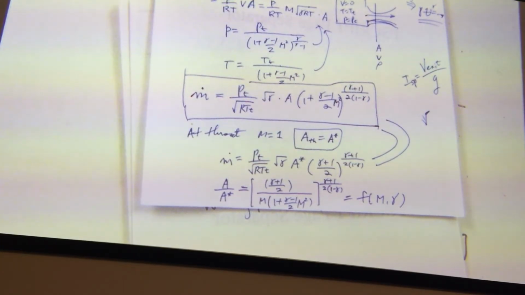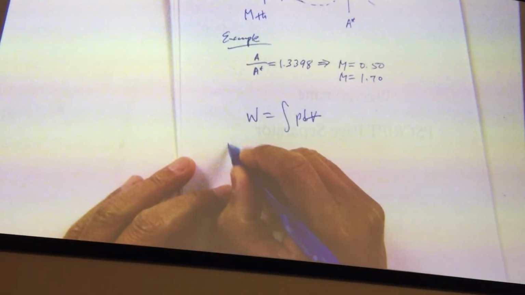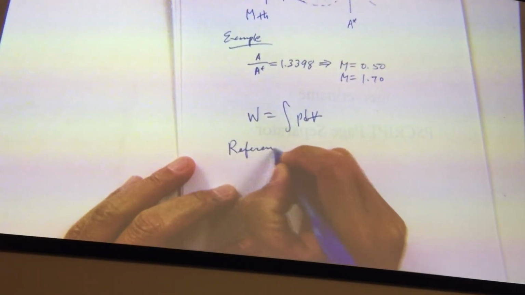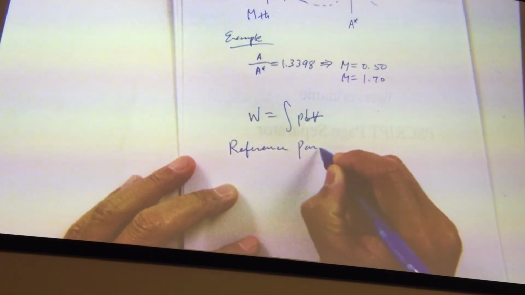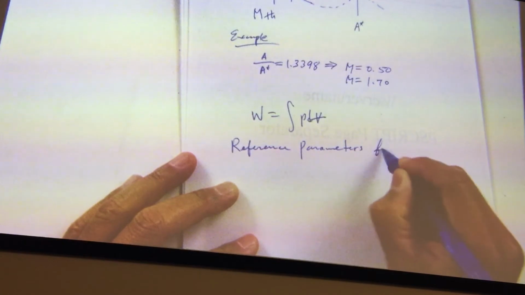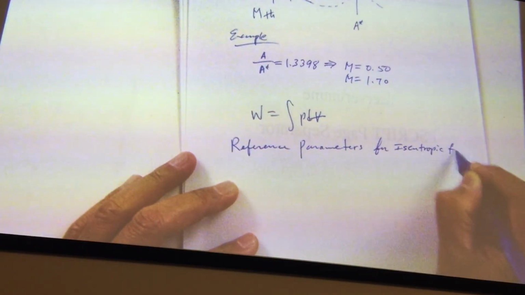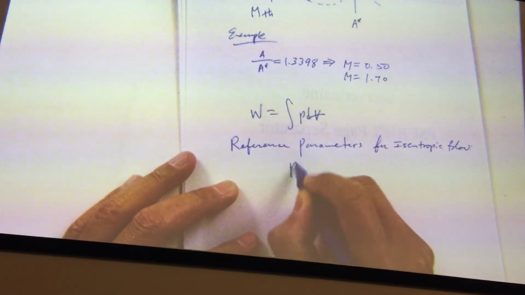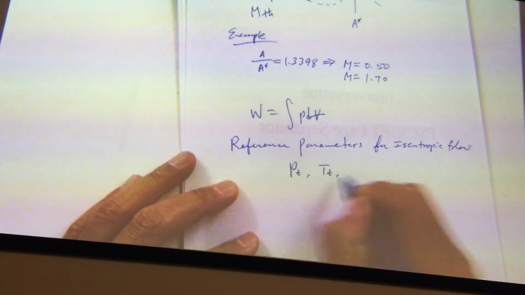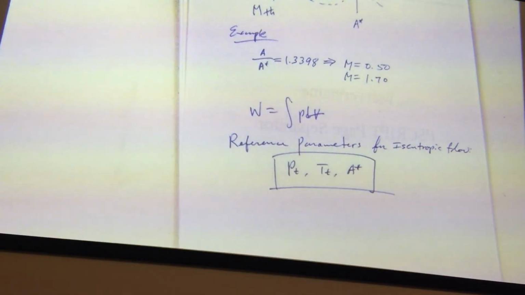So these are all related. So you can say that your reference parameters for isentropic flow are these 3 things. These are the 3 most important things that you can think of.